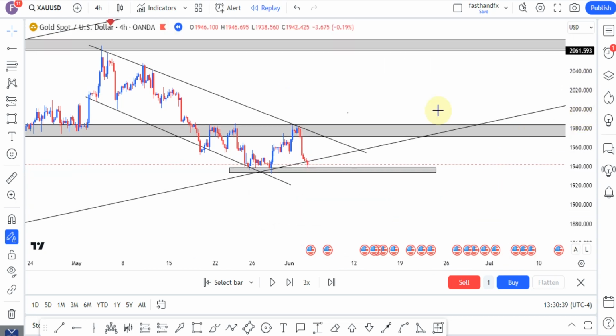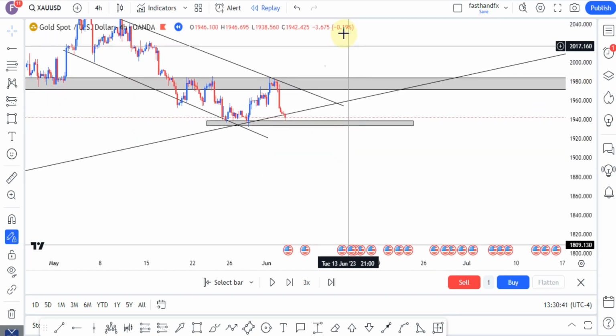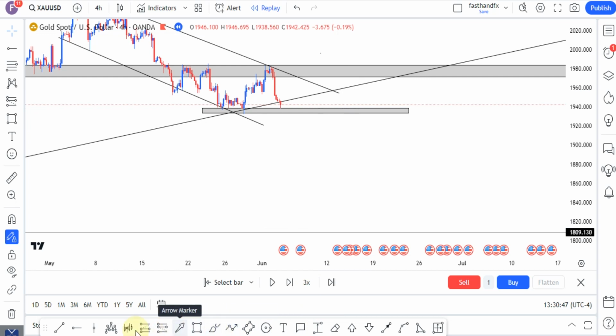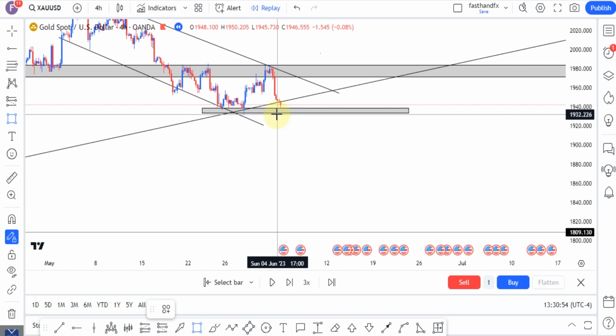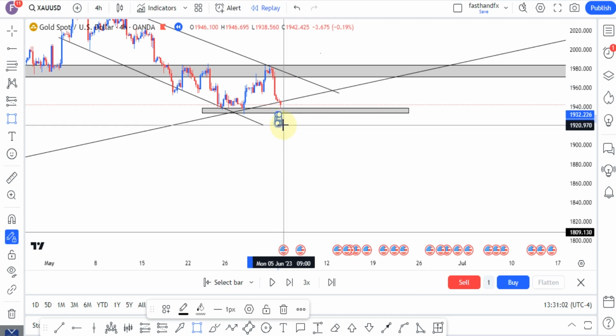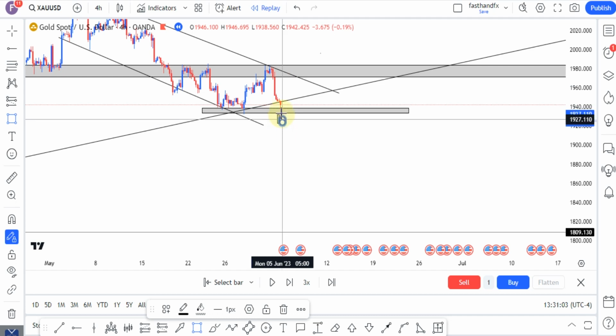So for us to be able to find our sell entries, we should wait for the market to break below this area. Wait for the market to break below this area down here, then maybe wait for a breakout. Then that retest.